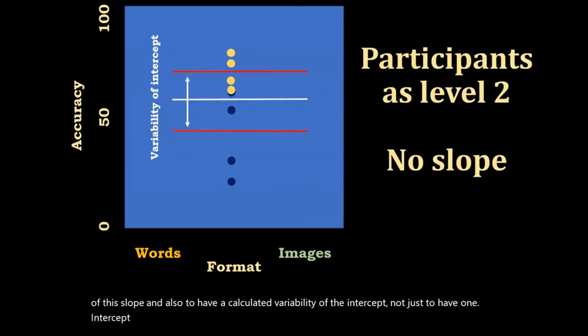Now, as I showed before, we've got models without slope, and this is a model in which we've got a random intercept, but we don't calculate the slope.